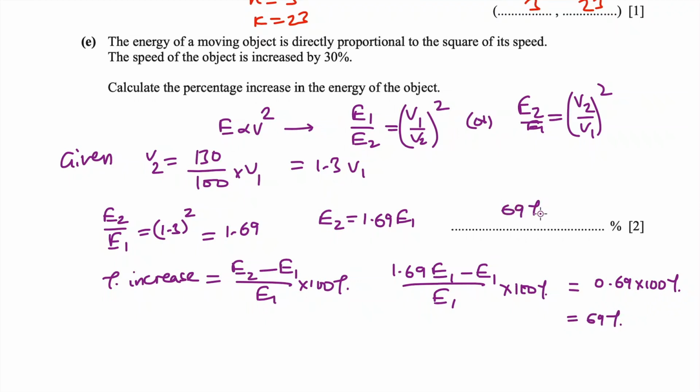And so the percentage increase in the energy is 69%. So this is directly easy to understand. If 100 becomes 130, then 100 in the energy will become 169. That is 10 square to 13 square. So the increase would be 69%.